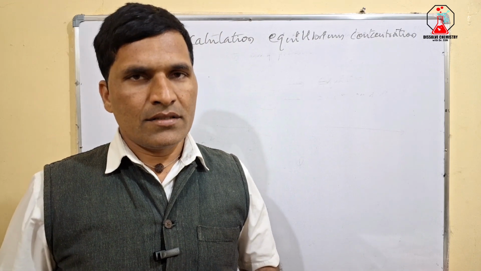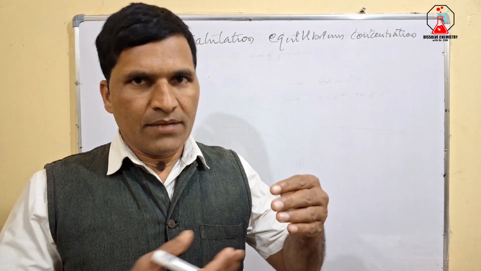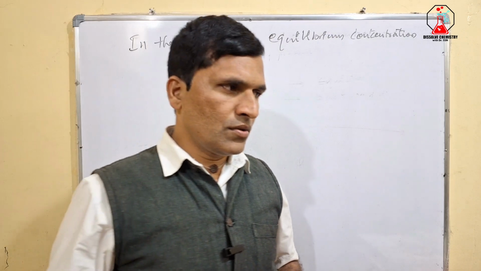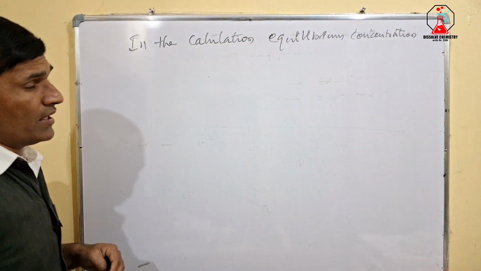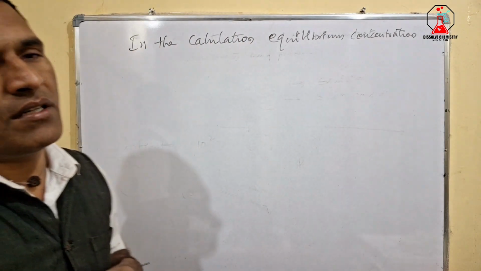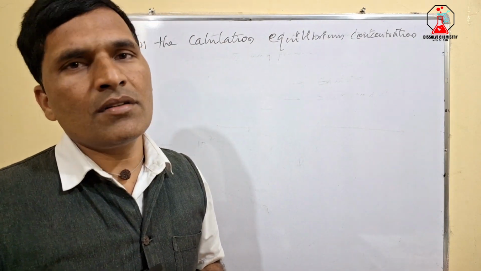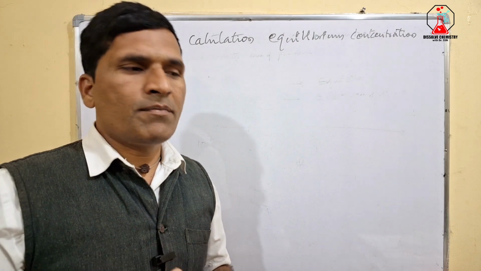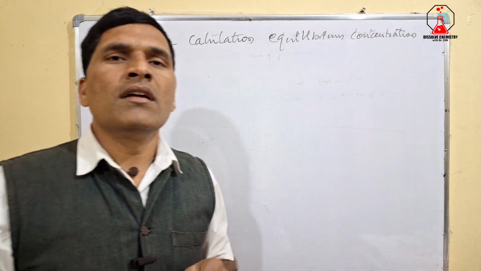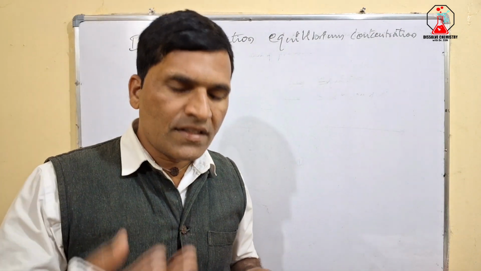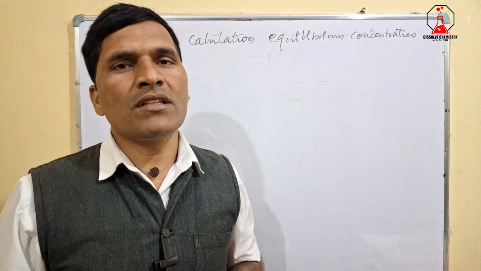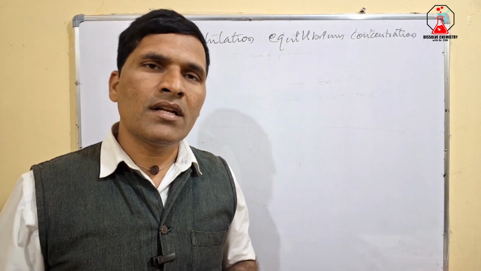There are steps that we are going to follow to calculate that. Similarly, if we know the equilibrium concentration and initial concentration of the reactants, we can calculate the equilibrium constant. That part of the calculation we will discuss in detail when we solve the numericals on this particular aspect.